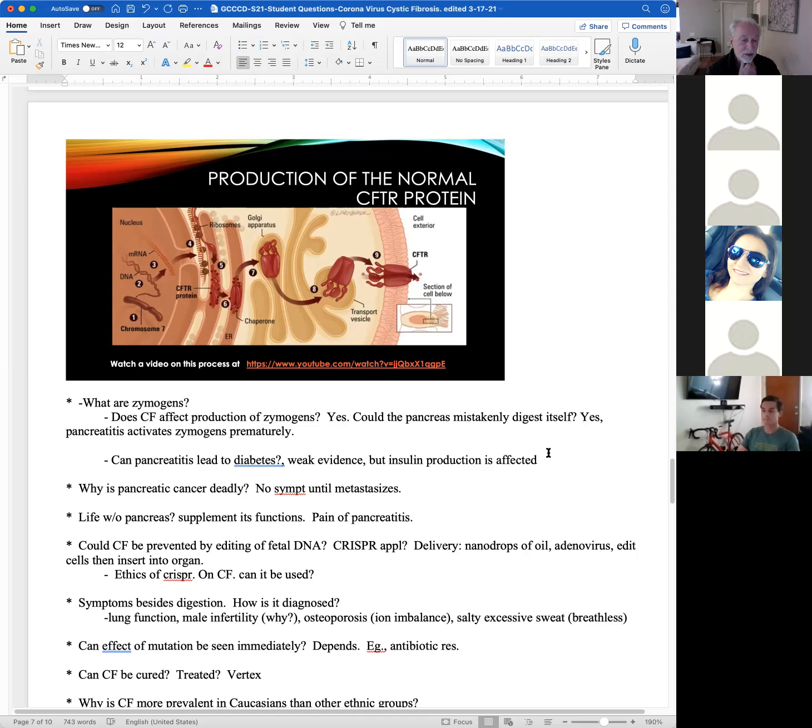How do you deliver the genetically engineered wild type into a patient? And there are lots of approaches to doing that. For example, putting the cells in nanodrops of oil and having them fuse with the patient's cells. The use of adenovirus, which we'll talk about in a little bit with respect to coronavirus.